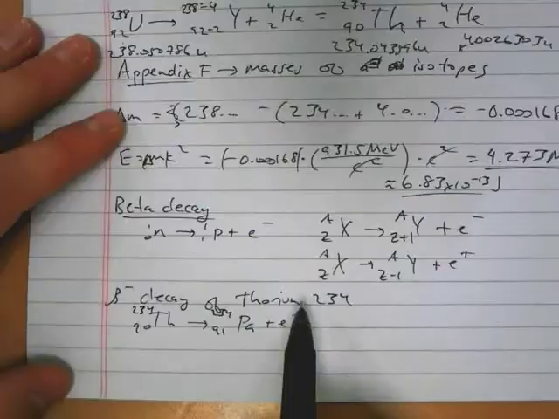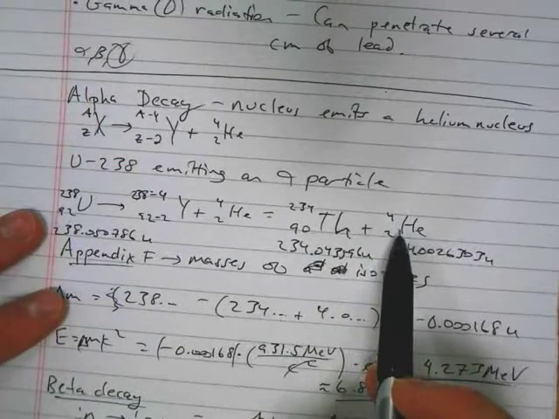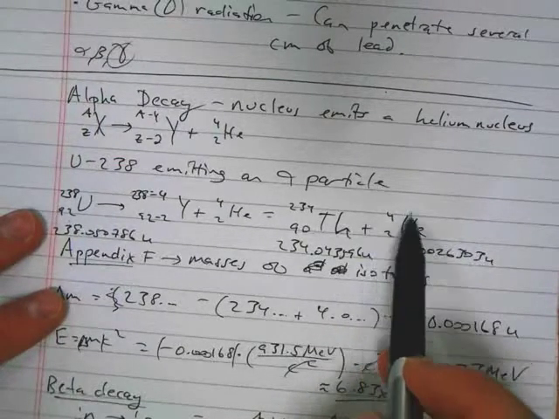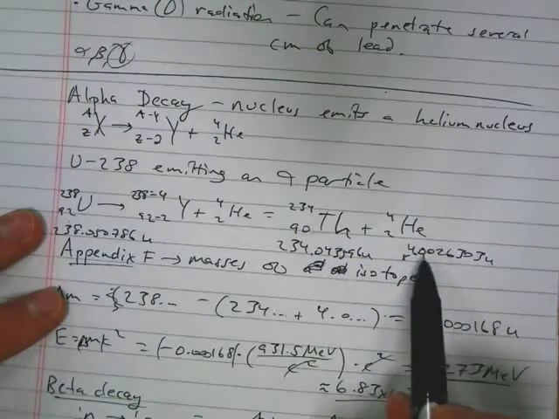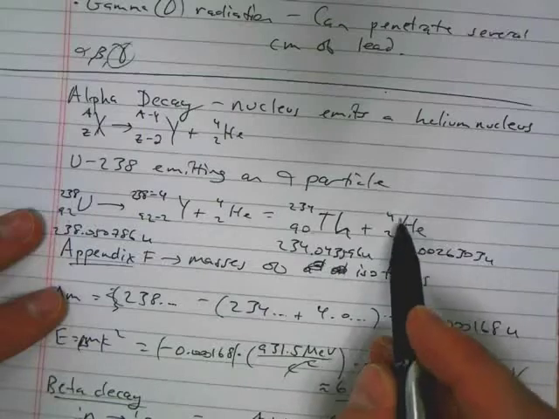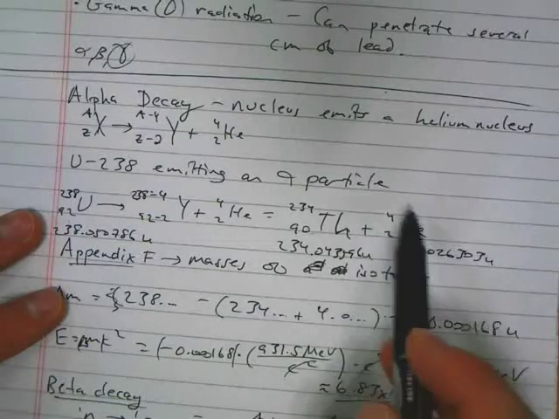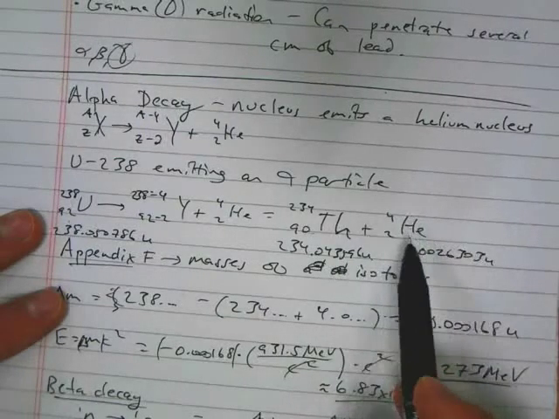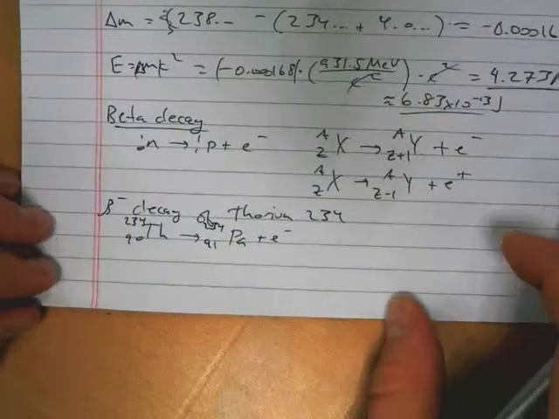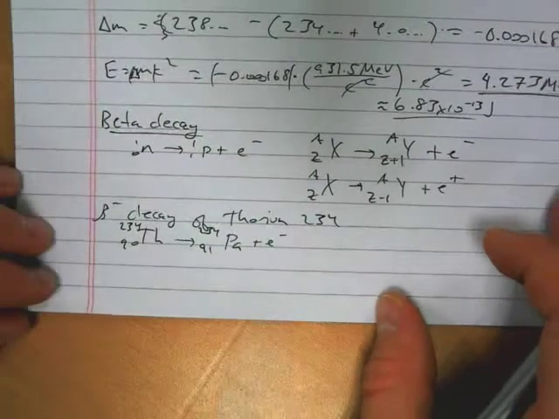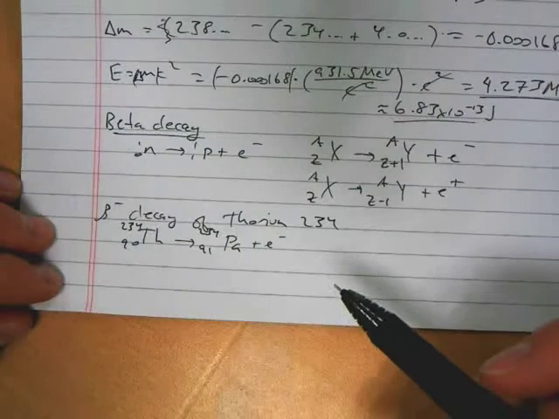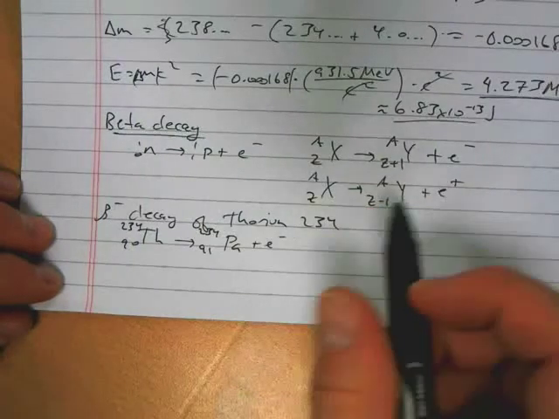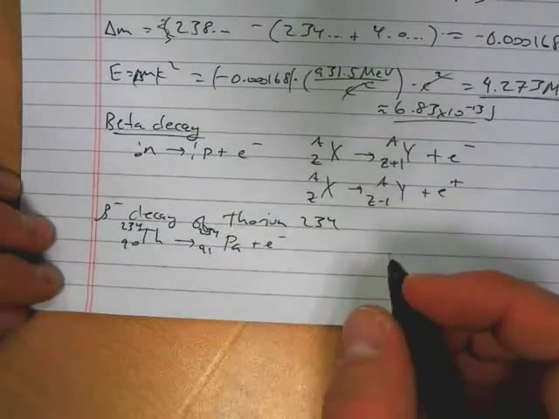We didn't care about that. This was a helium nucleus that was emitted. There are 2 electrons missing, so this mass number is off by the mass of 2 electrons. But we didn't really care because the mass of what's being emitted is so much larger than the mass of the electrons. Whereas in this case, all that's happening is that an electron is being emitted, and so it's substantial. So for beta decay, we need to consider the mass of the electron involved, whereas for the alpha decay, we don't really need to worry about it.